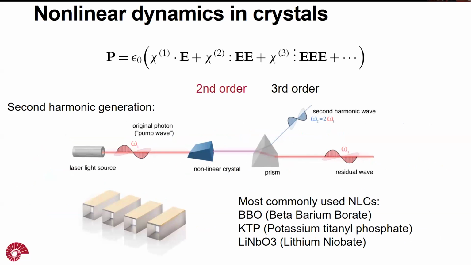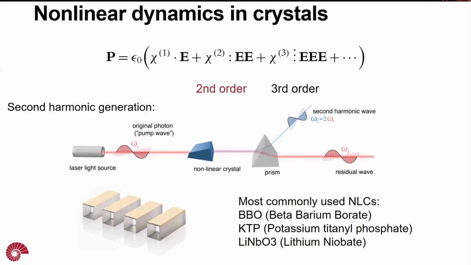And just for fun, let me mention the famous second harmonic generation. You have a laser, you send this laser light to the crystal, and because of this crystal structure, two photons combine, and because energy should be conserved, you will get another photon with higher energy.